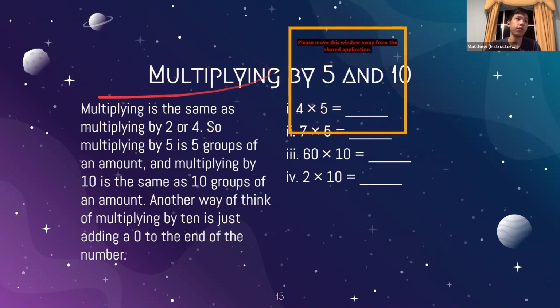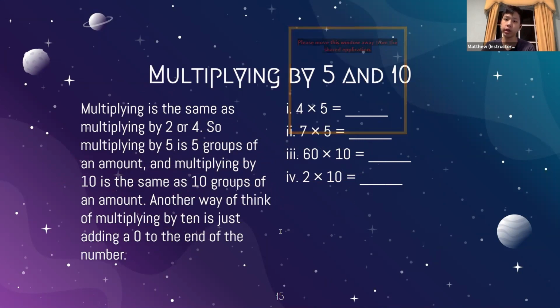So, without multiplying by 5 and 10s, we've learned multiplying by 2s and 4s. But it's the same concept. 5 is 5 groups of an amount, and 10 is 10 groups of an amount. Another way to think of multiplying by 10 is to add a 0 to the end.